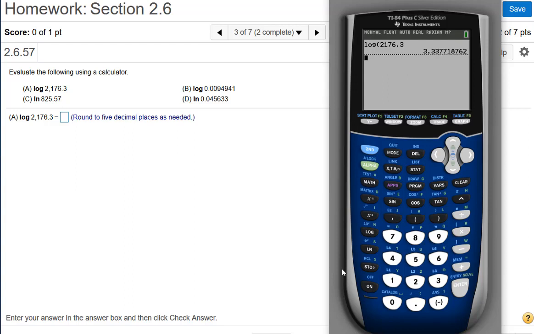Now if you look on my calculator here, this is 1, 2, 3, 4, 5 decimal places. So we're rounding right there. We look at the number past that, which is an 8, and that tells us to round the 1 up to a 2. So we would have 3.33772.